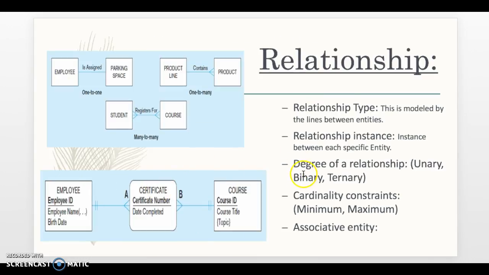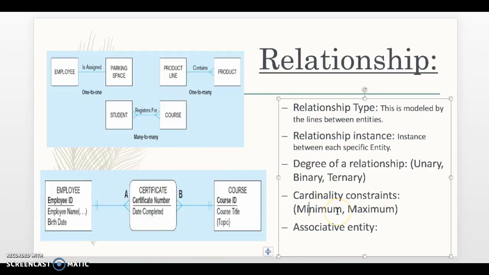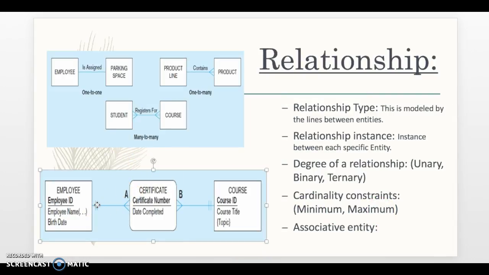So the degrees could be unary, binary, or ternary, and the cardinality constraints are minimum or maximum, described by these symbols right next to the entity.